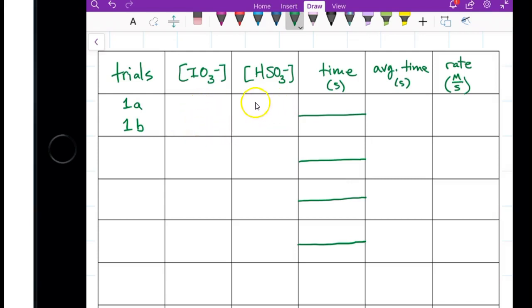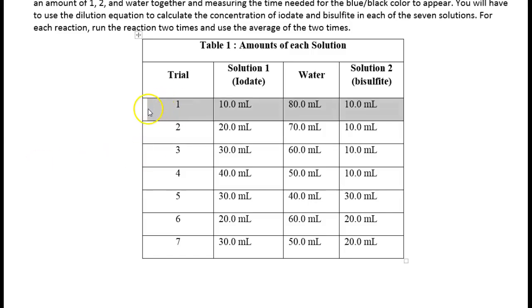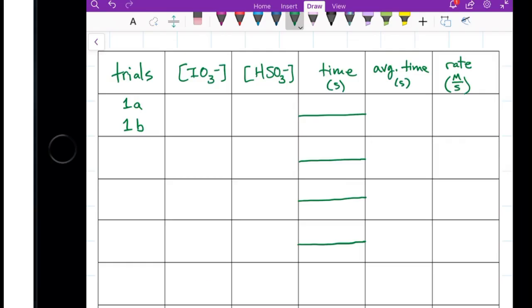And the concentration of bisulfite will be the same in trial 1A and 1B, because 1A and 1B both refer to trial 1 from your procedure. Okay, so they're going to have the same amounts of iodate and bisulfite and water, and so therefore the concentrations are going to be the same for 1A and 1B. But you will have 2 different times, so that's the only cell you need to split in half.